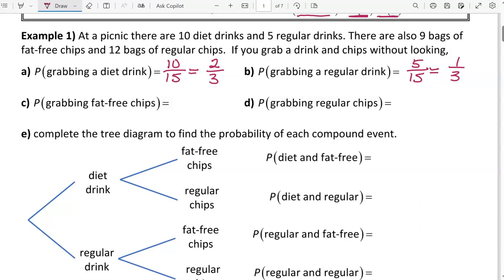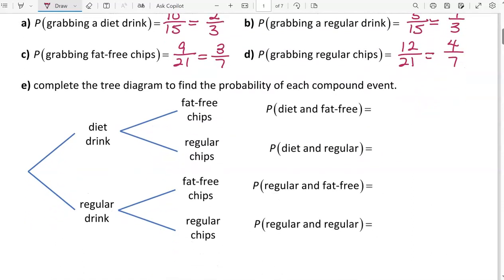As far as grabbing fat-free chips, there are 9 bags of those out of the 21 total, so that's going to reduce to 3/7. And then grabbing a bag of regular chips, there are 12 of those out of the 21 total, and so that reduces to 4/7.